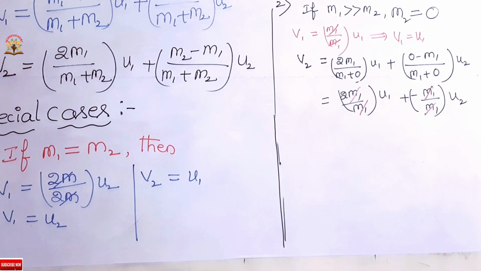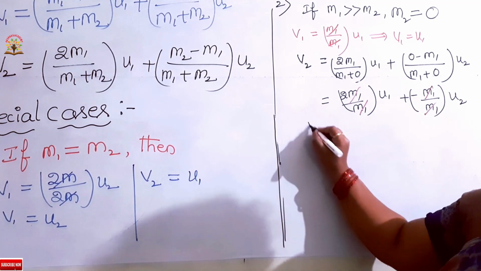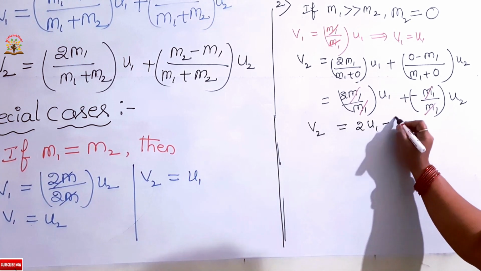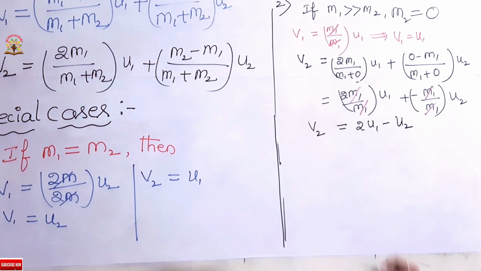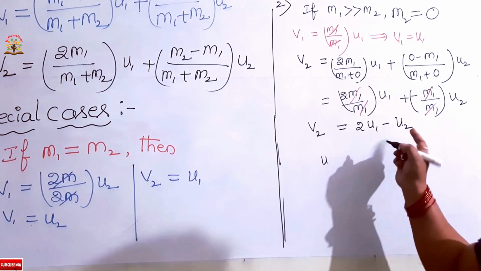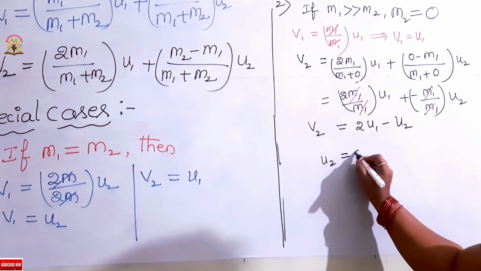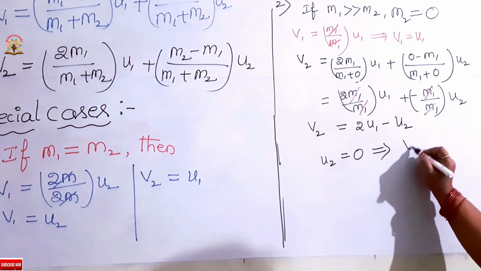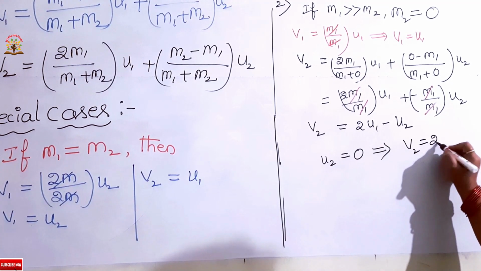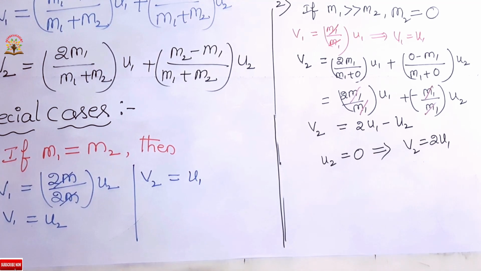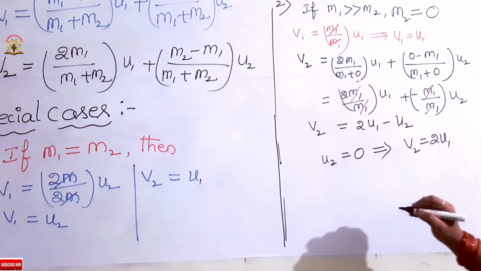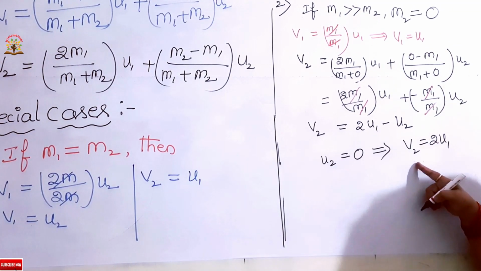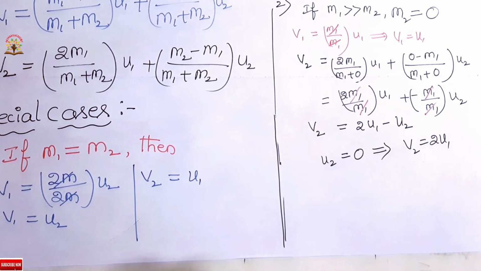And the expression for V2 is 2U1 minus U2. Here U2 is equal to 0. Then our expression is V2 is equal to 2U1. What is V1? V1 is equal to U1 and V2 is equal to 2U1.